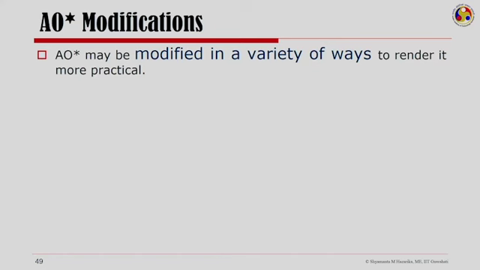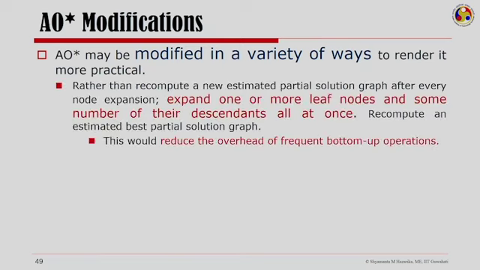The AO star algorithm that is used for searching AND/OR graphs can be modified in a variety of ways to render it more practical. We can recompute a new estimated partial solution graph all at once.